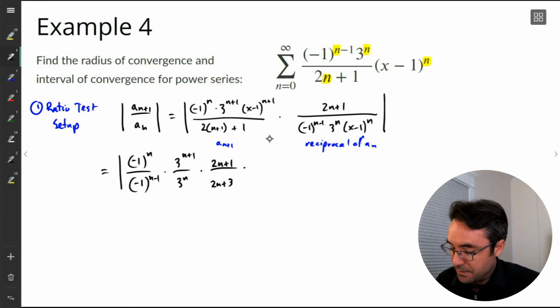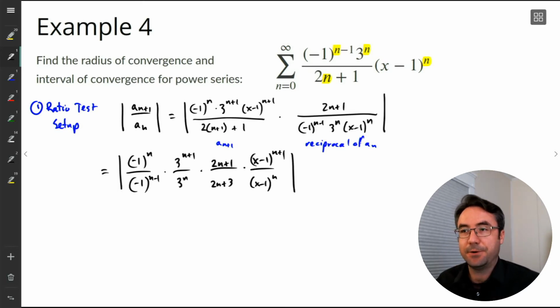And then finally, let's put our x minus 1 powers. There we go. So now we can just go through and cancel. So everything here is inside an absolute value. So I mean, we probably could have just canceled these off before, these powers of -1. So those are going to be gone.